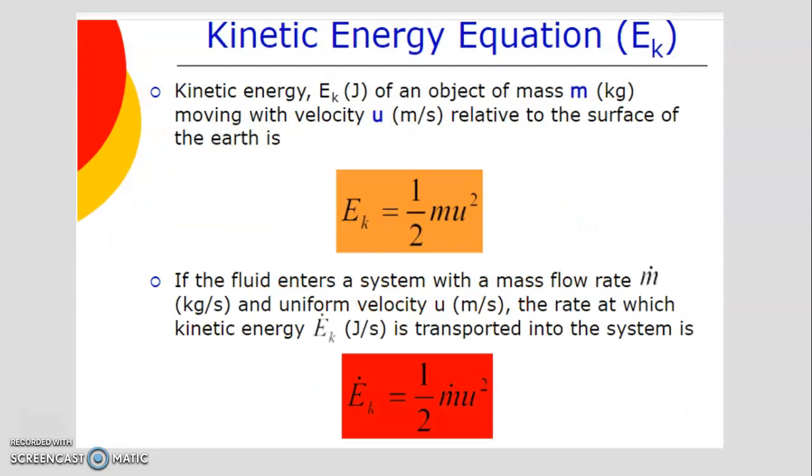Each of the three different kinds of energy has its own equation. For example, kinetic energy, EK equals half m v squared, where v is velocity. When it is related to a flow, we must use E dot and m dot, where m dot is the mass flow rate.